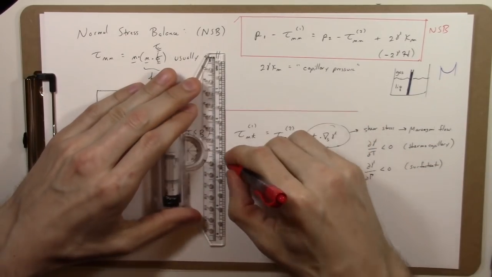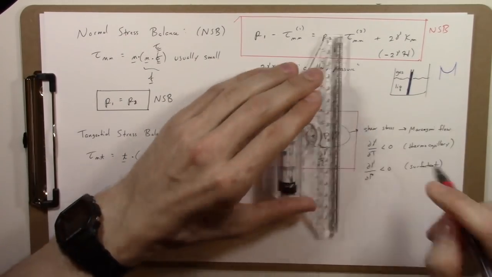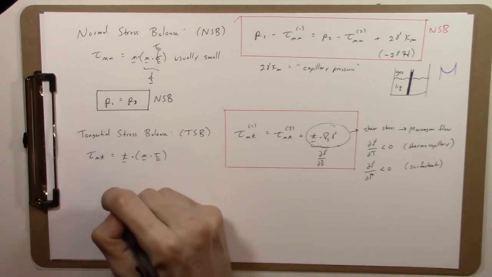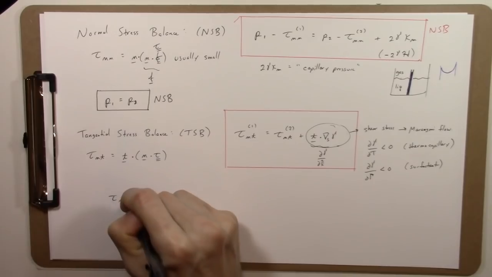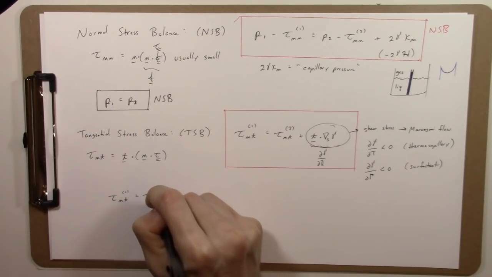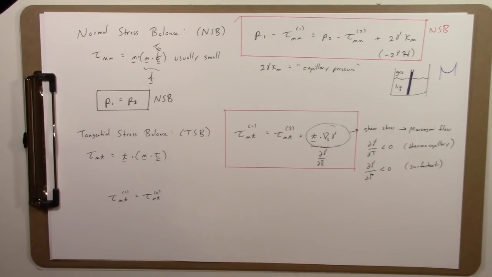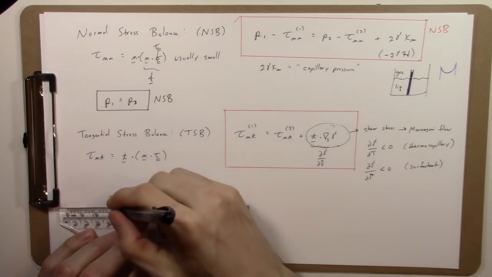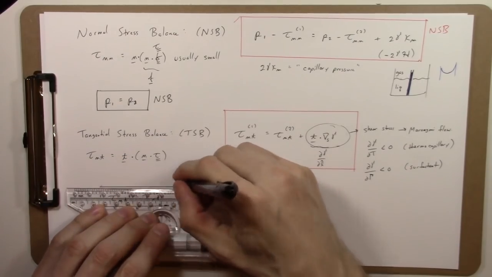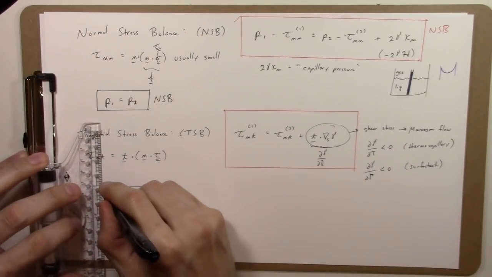And so we can once again use a simplified version of the tangential stress balance in this class, which will be tau nt in 1 is equal to tau nt in 2. And what this is saying is that the stress that's parallel to the interface is continuous across the interface.